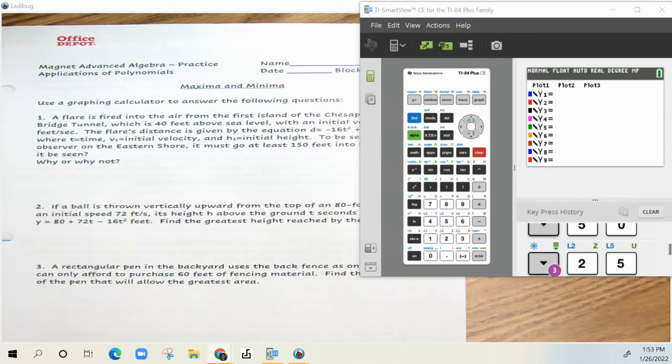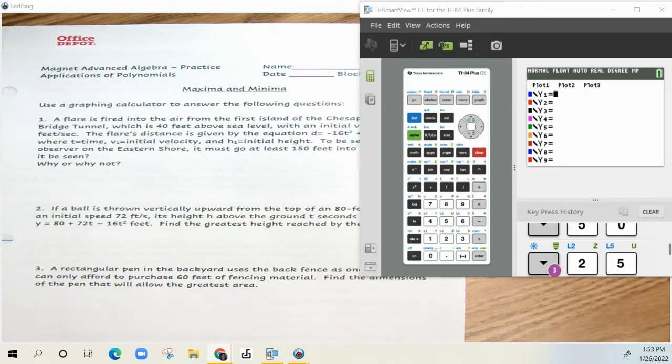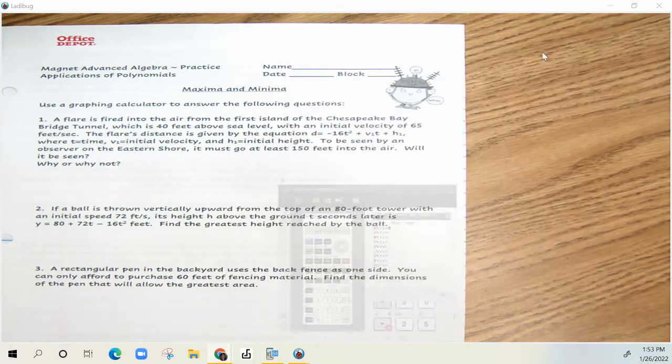Right, so this is just going to be a quick video going over some of the polynomial application problems that we are covering in this unit. So the first two problems are very similar in that they are giving you the equation.